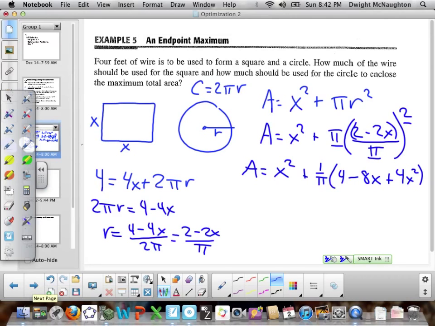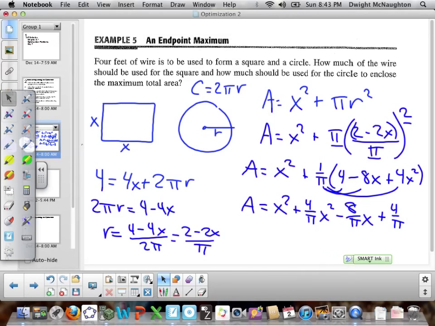We will reorganize this, distribute, and rearrange it. Area equals x squared plus 4 over pi x squared minus 8 over pi x plus 4 over pi. So there is our primary equation, simplified as far as you'd want to go with this.